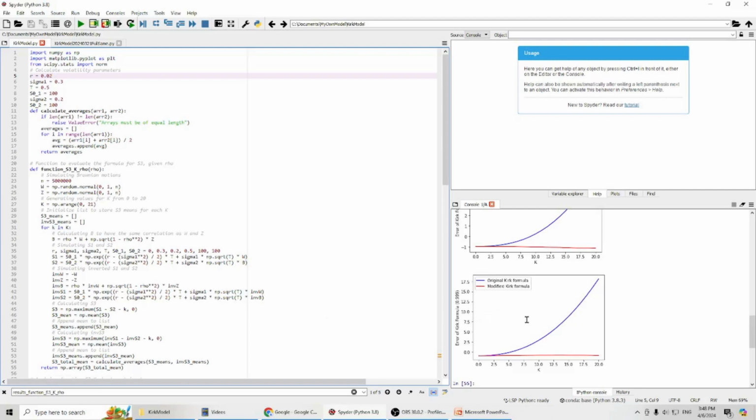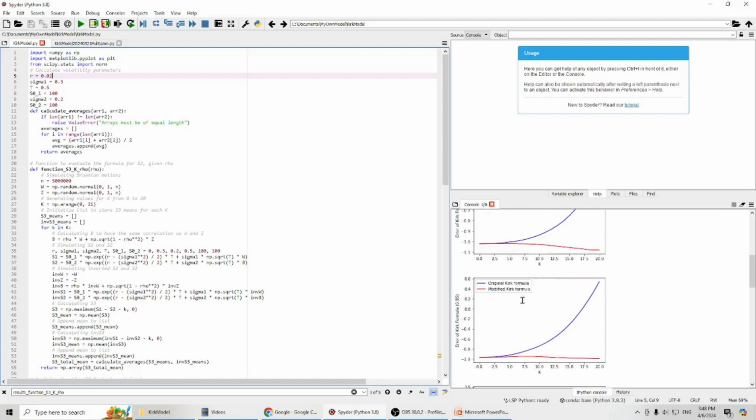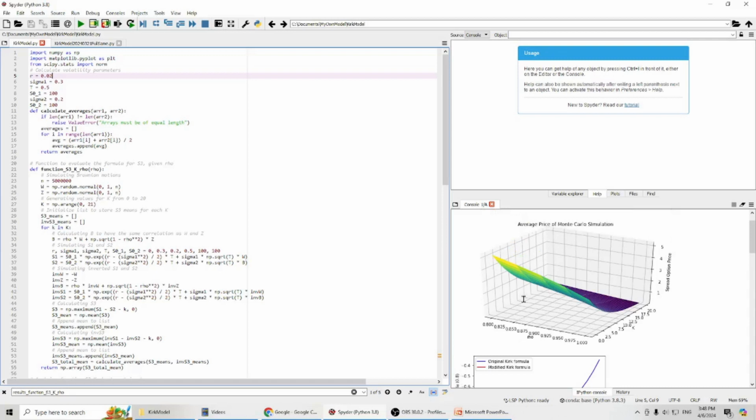Now we got our results. You can see here, this is the result of the Monte Carlo simulation. This is the correlation, and this is the strike price.